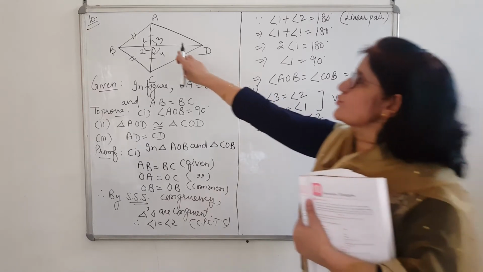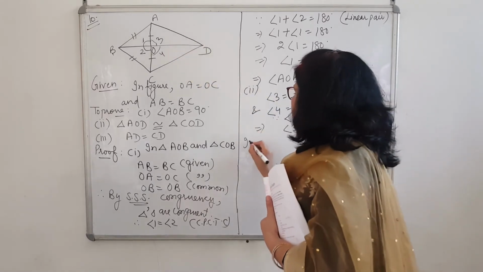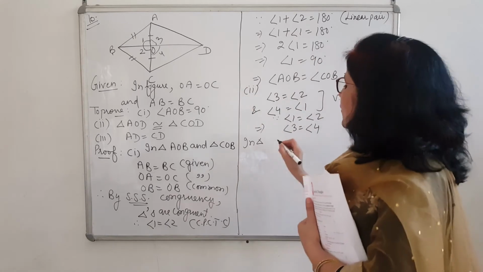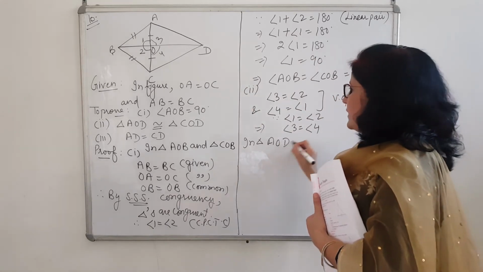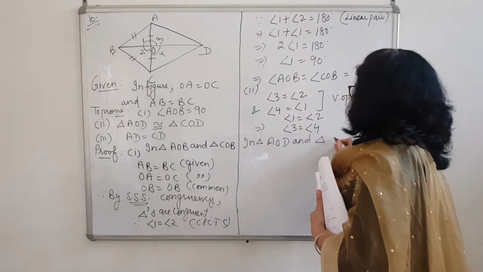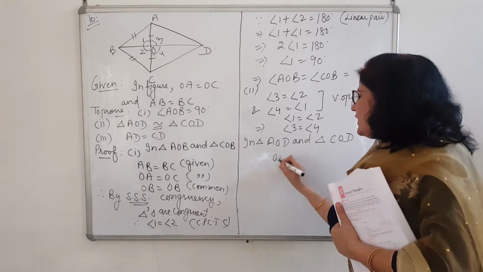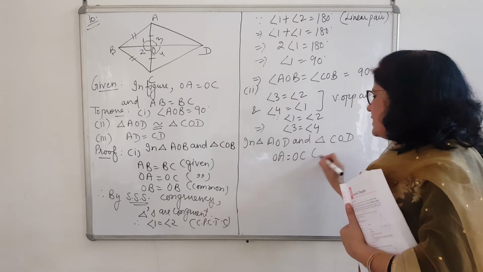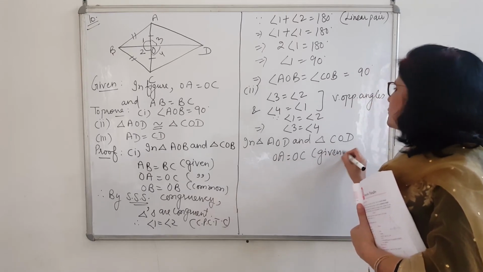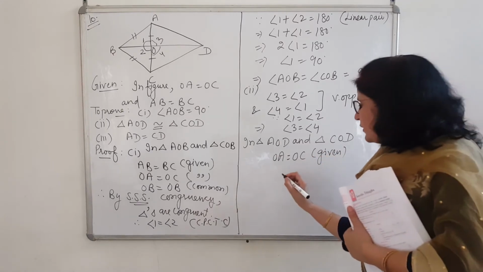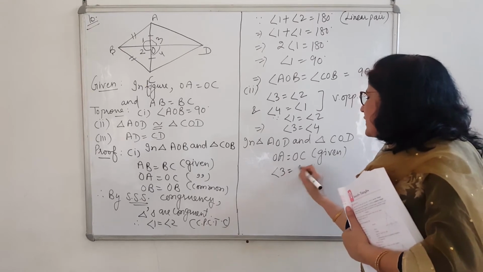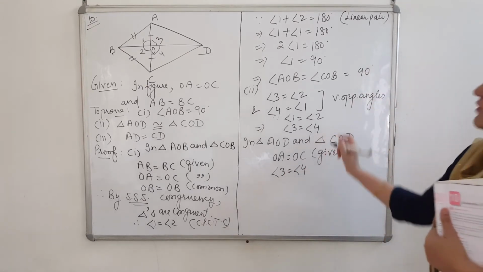Now we will take these two triangles. In triangle AOD and triangle COD, what things are common? OA equals OC, it is given in the question. Secondly, angle 3 is equal to angle 4, we have proved above.